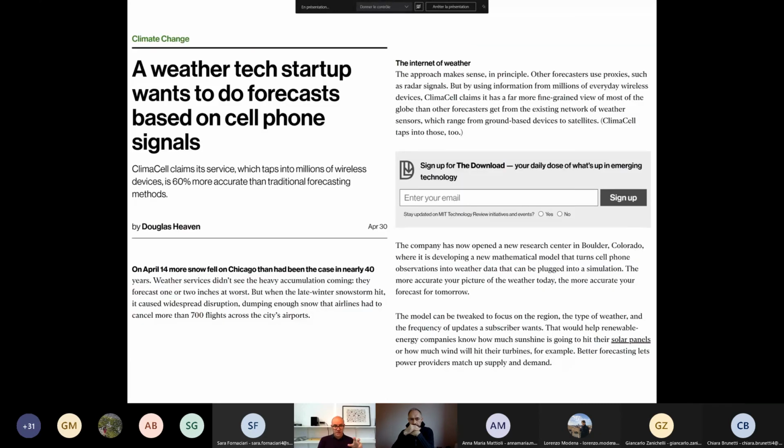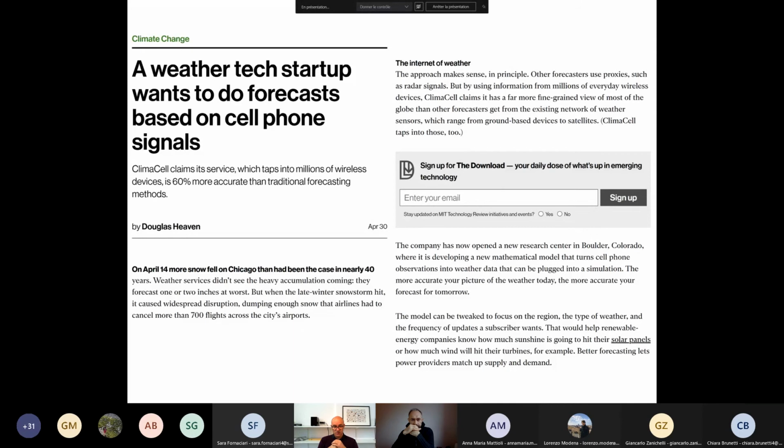But recently, some startups said, okay, probably we don't need this. We just need the data, and maybe we can predict the weather just by looking at the cell phone signals, and maybe this will be as efficient as using the old equations of fluid dynamics, for example the Navier-Stokes equations.